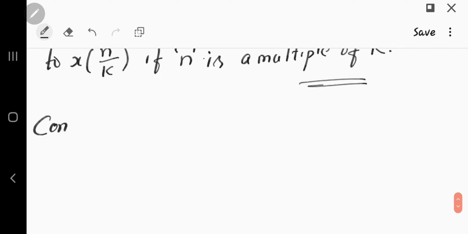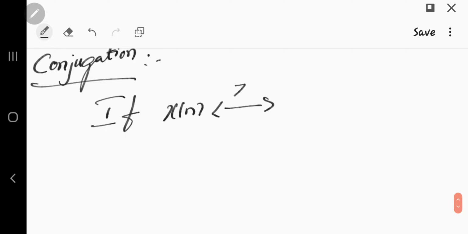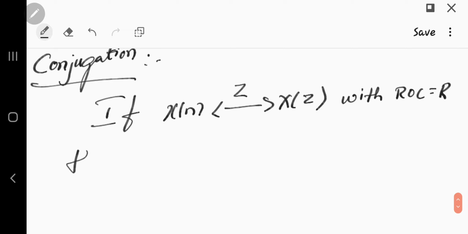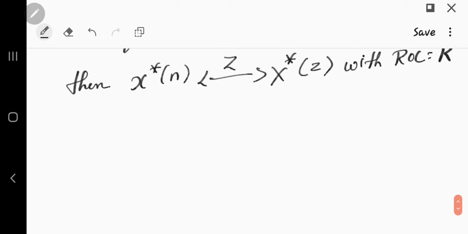And I will take one more here, that is conjugation. So it says if x of n gives x of z with ROC R, then x star of n will give the complex conjugate x star of z star with the same region of convergence.